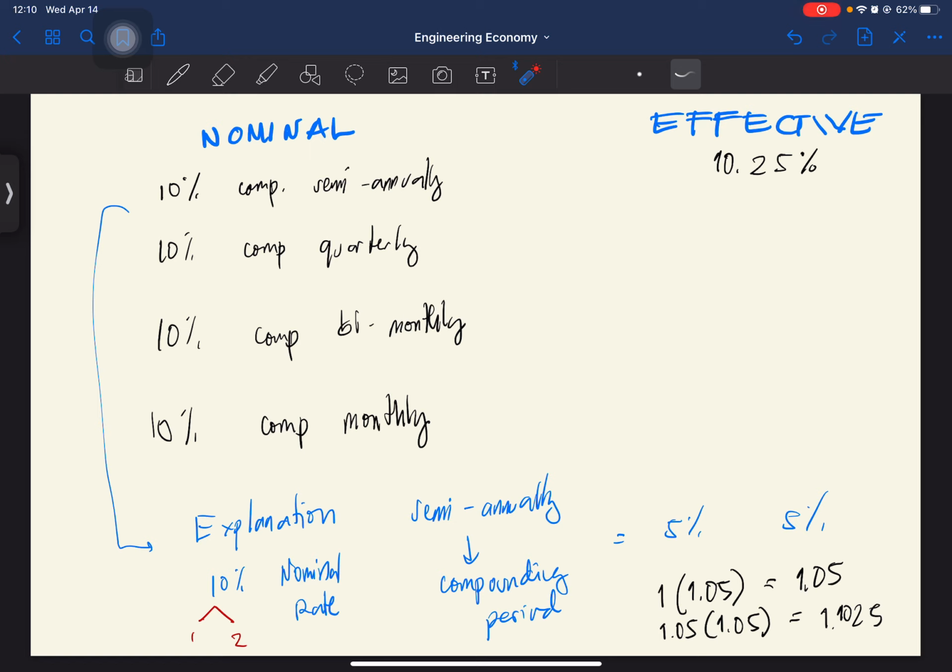So, let's try to derive the formula ng pag-compute ng effective interest rate from a given nominal interest rate. Okay? So, ang formula ay ganito.